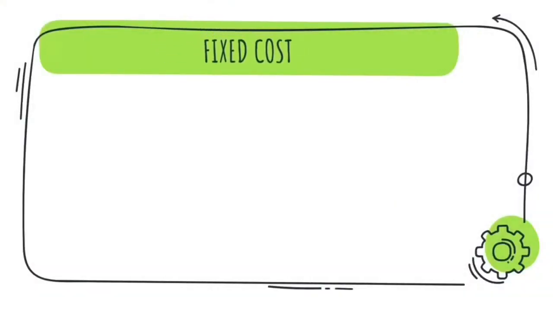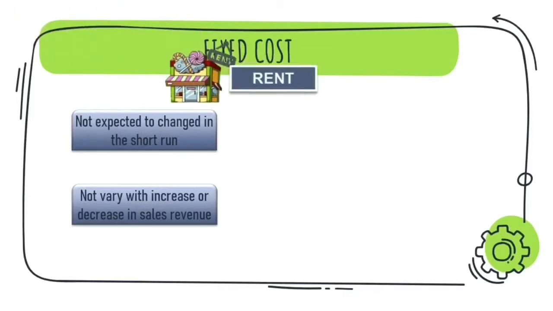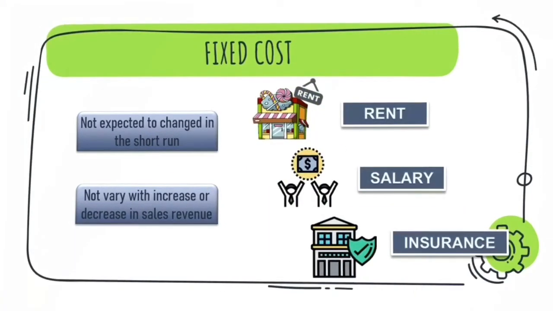Fixed costs are not expected to change in the short run, an operating period of a year or less, and will not vary with an increase or decrease in sales revenue. For example, rent, monthly salary, management salary, insurance expense, and so on.